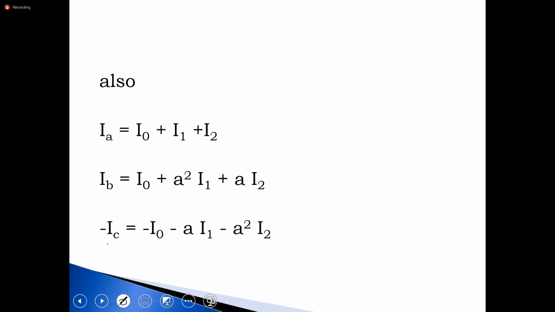So we equate IB and minus IC. If we do that, then we get twice I0 minus I1 plus I2 equal to 0. We rearrange that.